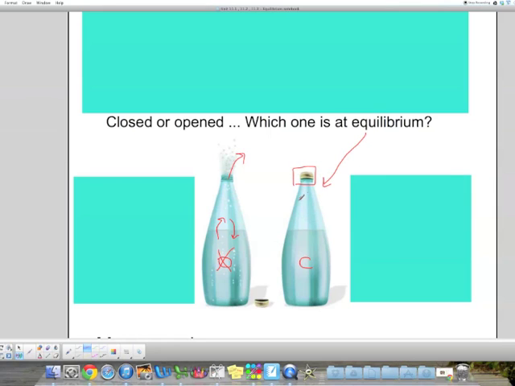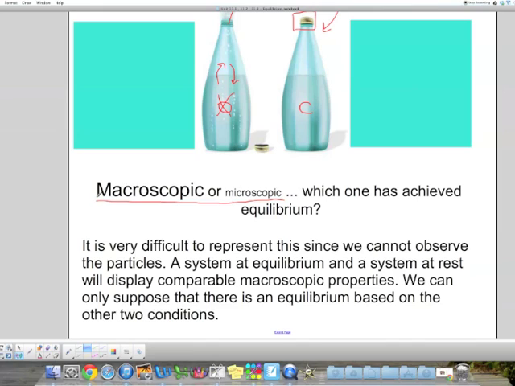So for macroscopic versus microscopic, we can't really tell the difference between a system at equilibrium and one that's not at equilibrium, that is basically a complete reaction, because either way, to the naked eye, they both look like stopped or finished reactions. At the microscopic level, it's very difficult to actually observe the chemical reactions, and again, the particles, we won't see them moving around, vibrating or whatever.